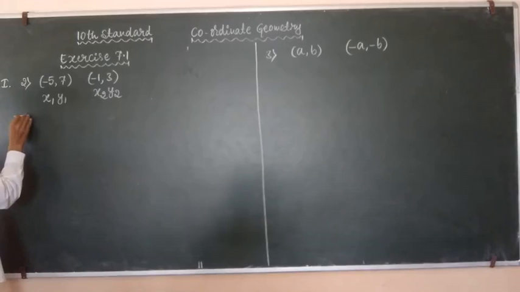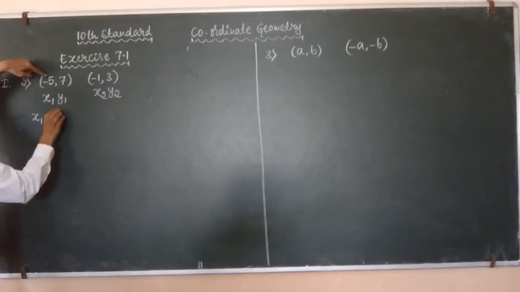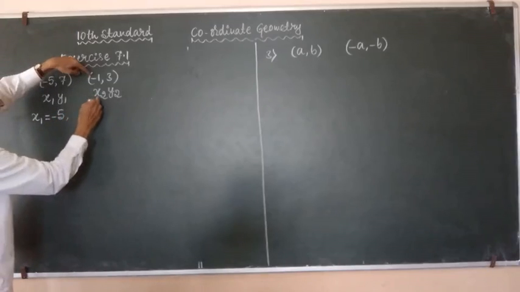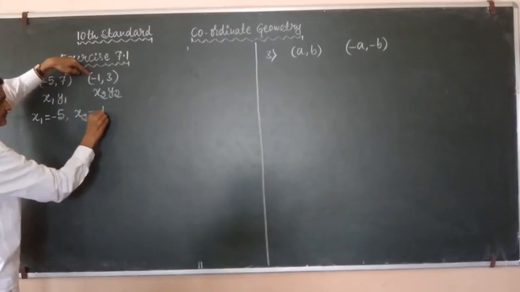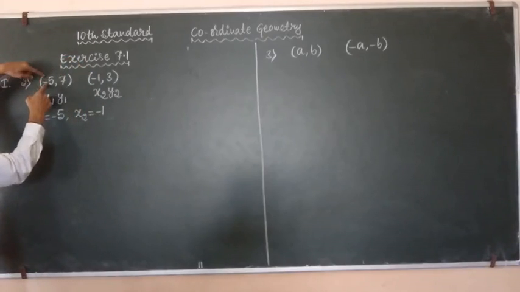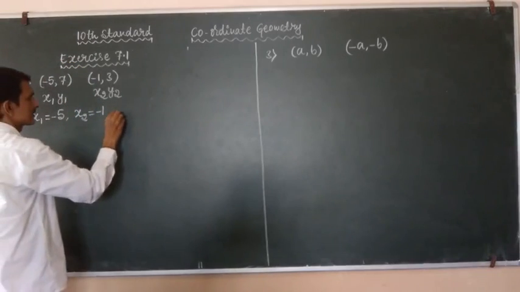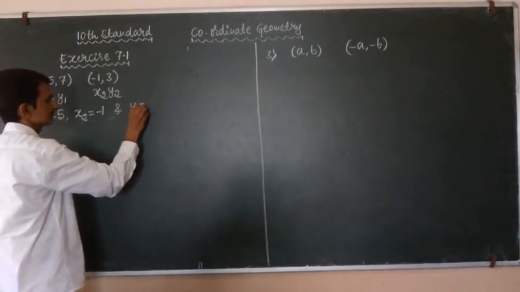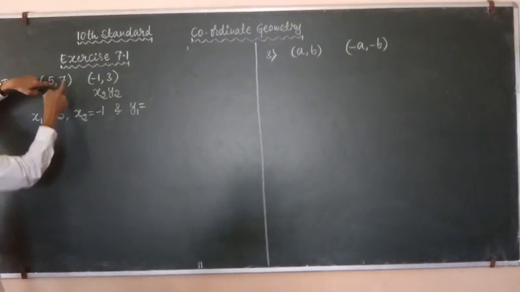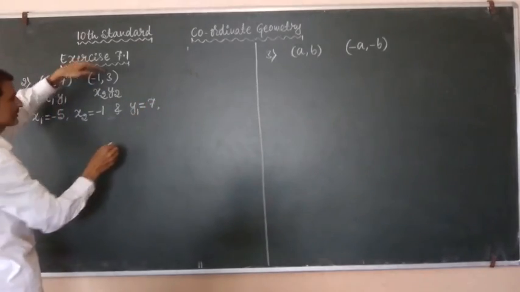The value of x1 is -5. The value of x2 is -1. And the value of y1 is 7. The value of y2 is 3.